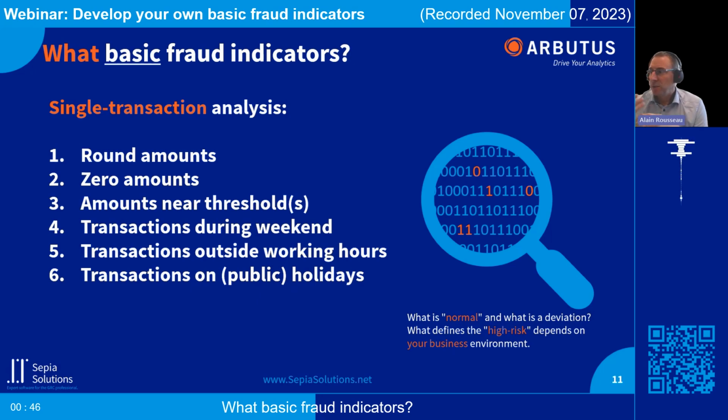Amounts near threshold. So if you have a certain approval, or a transaction that requires approval from the manager above 50,000 euros, for example, people might want to stay below 49,900 or something like that. So we can look for transactions that are just below that limit or threshold.